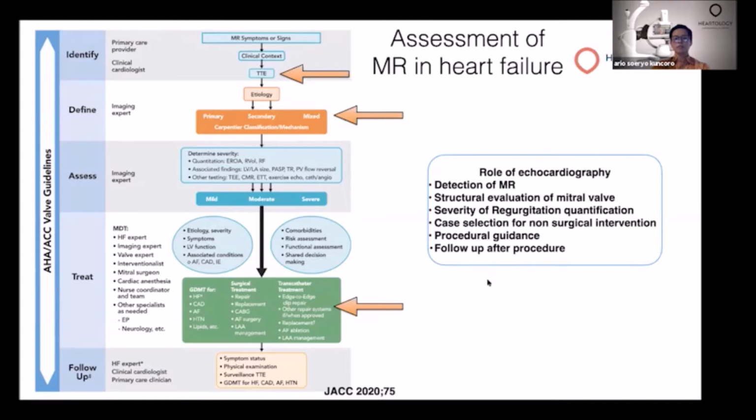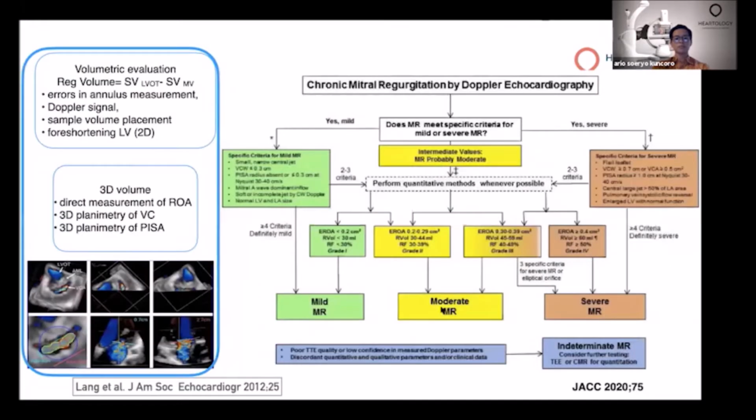The role of echo in this matter is detection of MR, which is quite obvious, structural evaluation, severity, case selection for non-surgical procedures, and also peri-procedural guidance and follow-up after procedures.